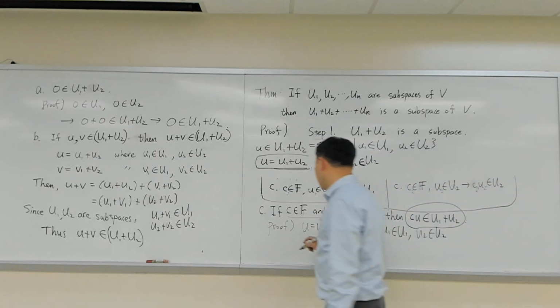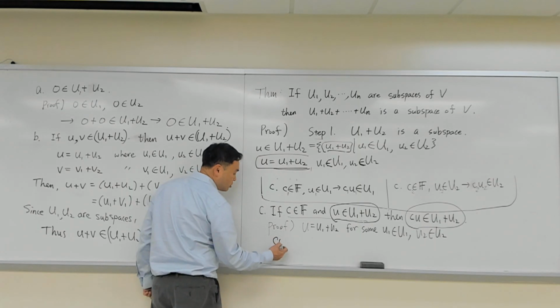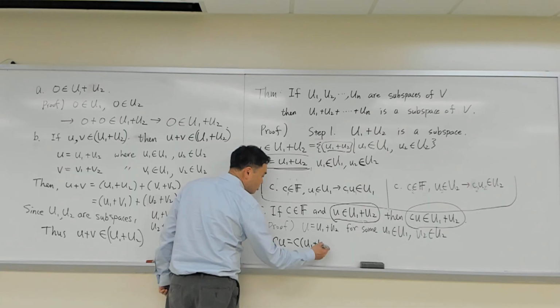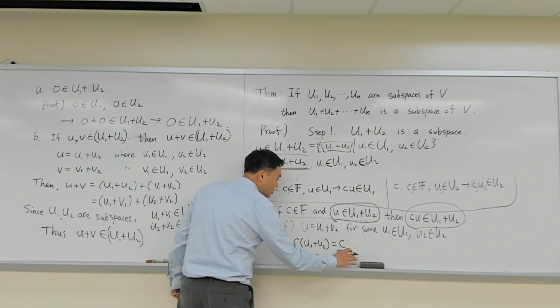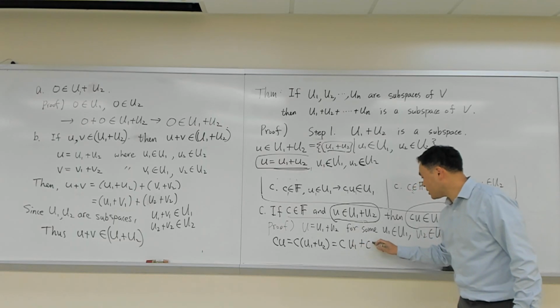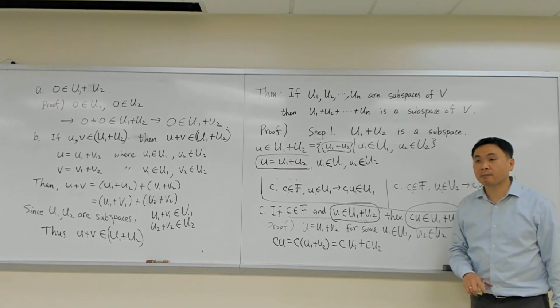And now, what is cu? cu is equal to c times u1 plus u2, which is c times u1 plus c times u2. Okay?